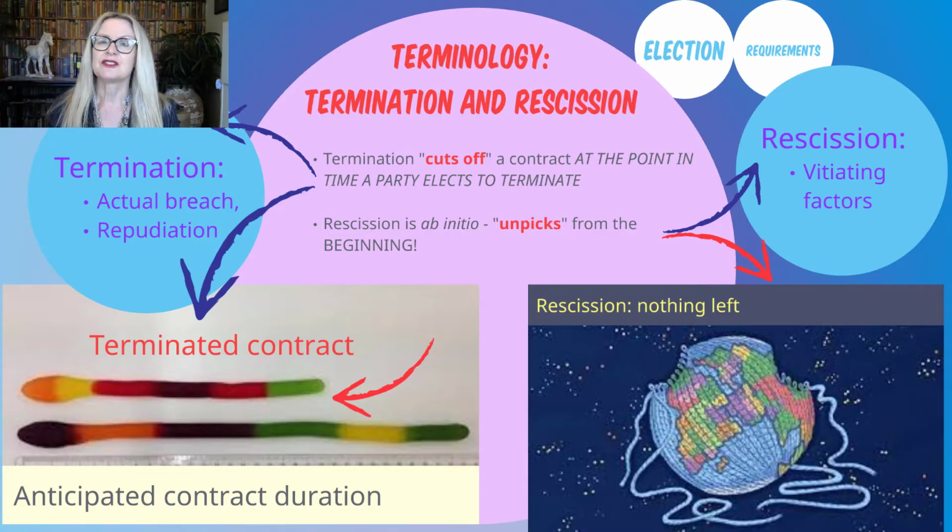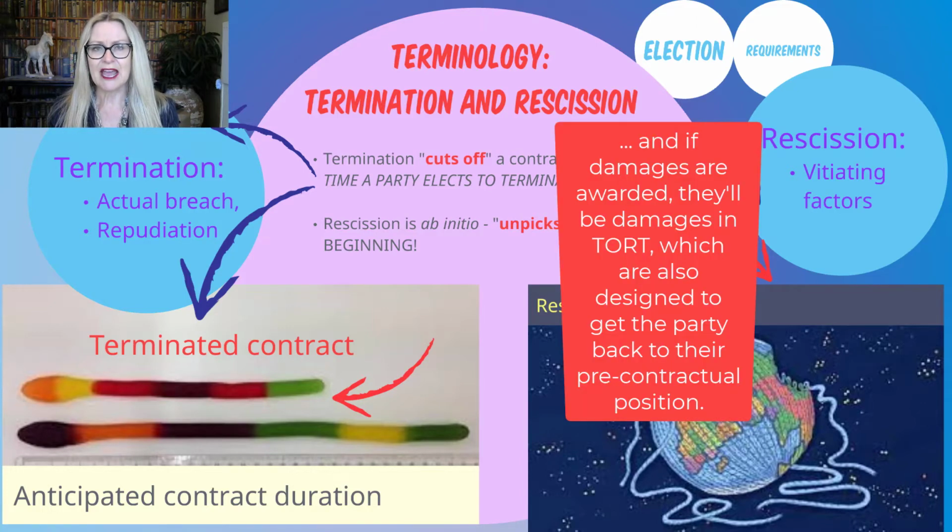It unpicks it so that there's really nothing left between the parties. And a part of all of that process of rescission is the orders for restitutio in integrum. And you'll recall that those orders are designed to give property back, give money back, restore the parties to the position that they had at the beginning of the contract.